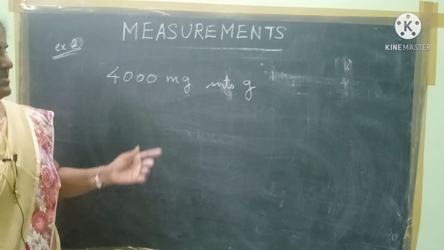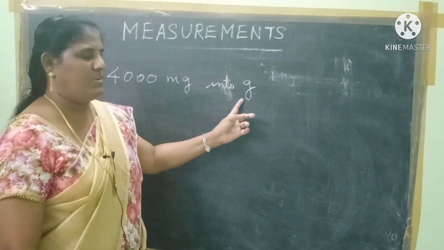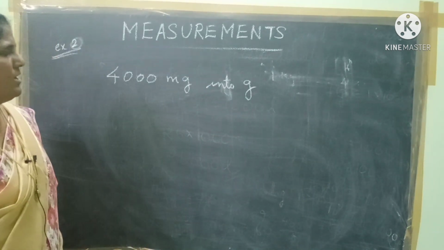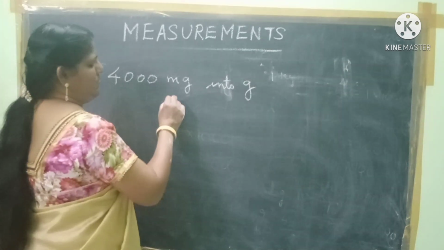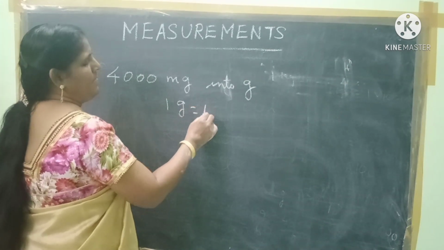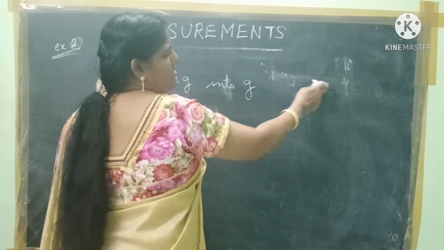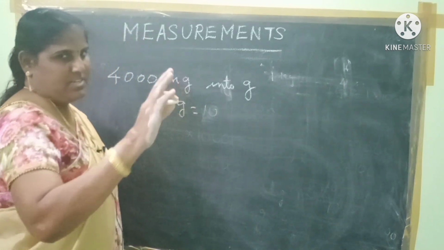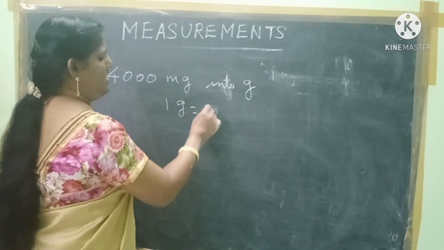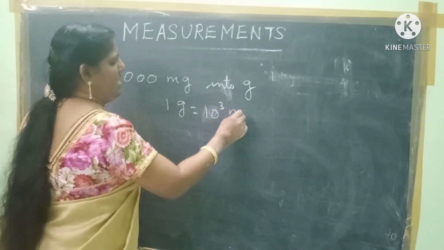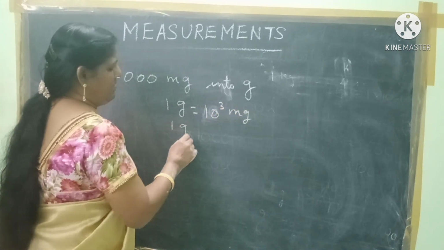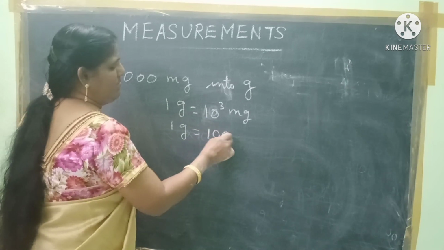First you find out the milligram to gram power. So 1 gram equal to how many milligram? How many tens will come? 3 tens will come, so 10 to the power 3. So 1 gram equal to 1000 milligram.